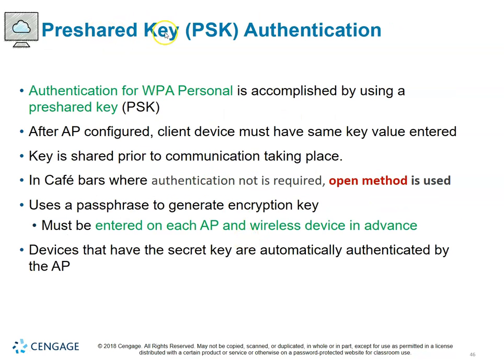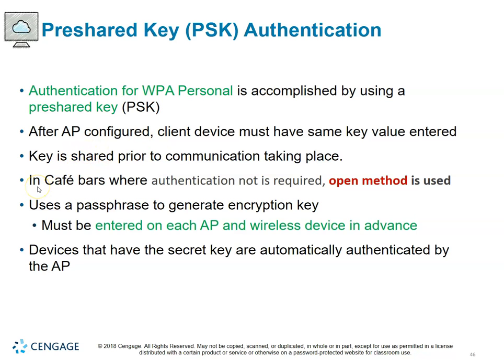There's also pre-shared key authentication. This is authentication for WPA personal. It's accomplished by using a pre-shared key. So here's the way it works. After the AP is configured, the client device must have the same key value entered. The key is shared prior to communication even taking place.